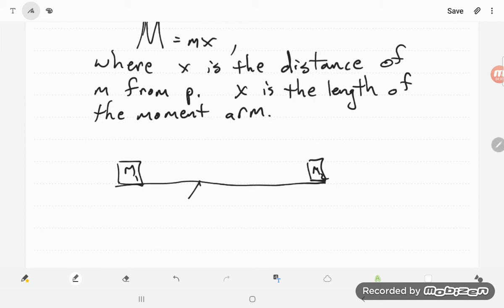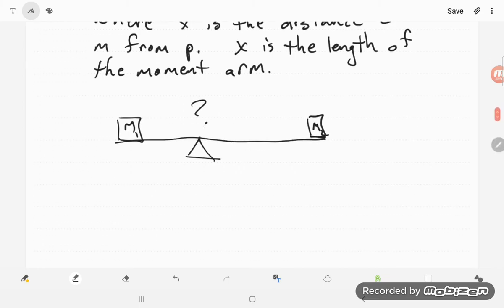So where does this go so that I can get a balance here, and how do I find that? That spot, if we can find it, we're going to call the center of mass.